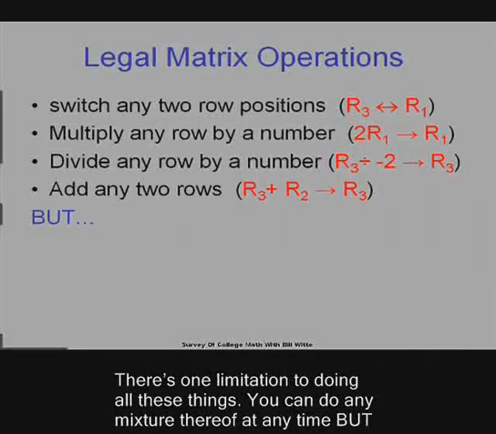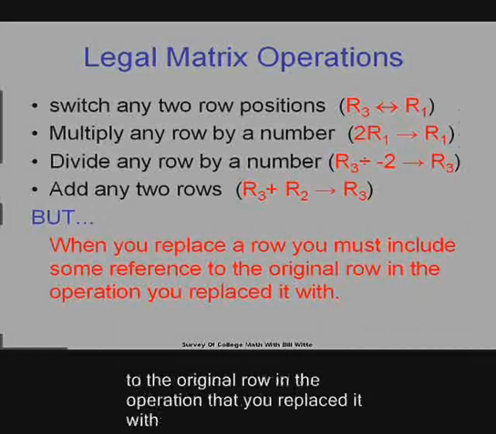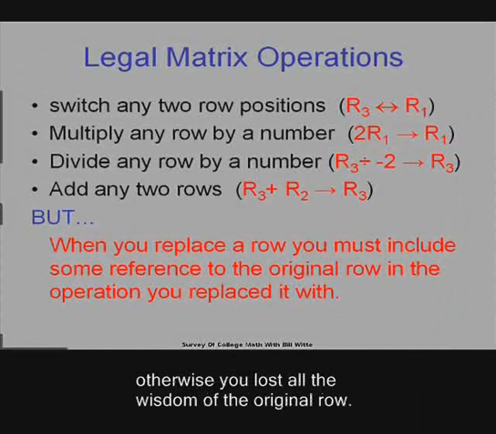There's one limitation to doing all these things. You can do any mixture thereof at any time. But if you replace a row with anything, you must include some reference to that original row in the operation that you replaced it with. Otherwise, you've lost all the wisdom of the original row. You kind of lost that equation out of your system.